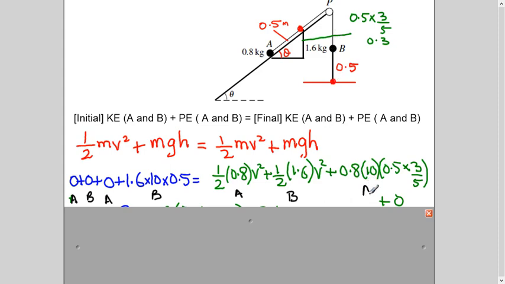This is about particle A potential energy, mgh, because once 0.5 meter distance is covered, this is the height I'm talking about. So I'm writing here 0.5 into 3 upon 5. And this is about B, because potential energy at the reference point, the ground which I'm considering, will be 0.